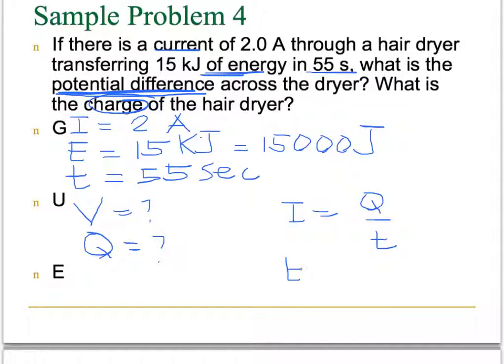We know the potential electric energy is equal to Q multiplied by the voltage. So therefore it is safe to solve for Q first in order for us to be able to solve for the voltage. So let us do just that.